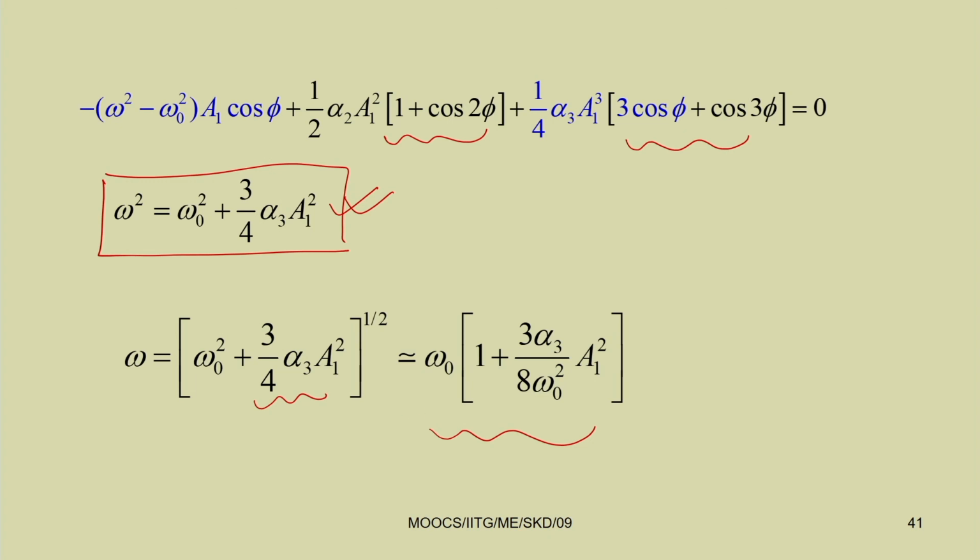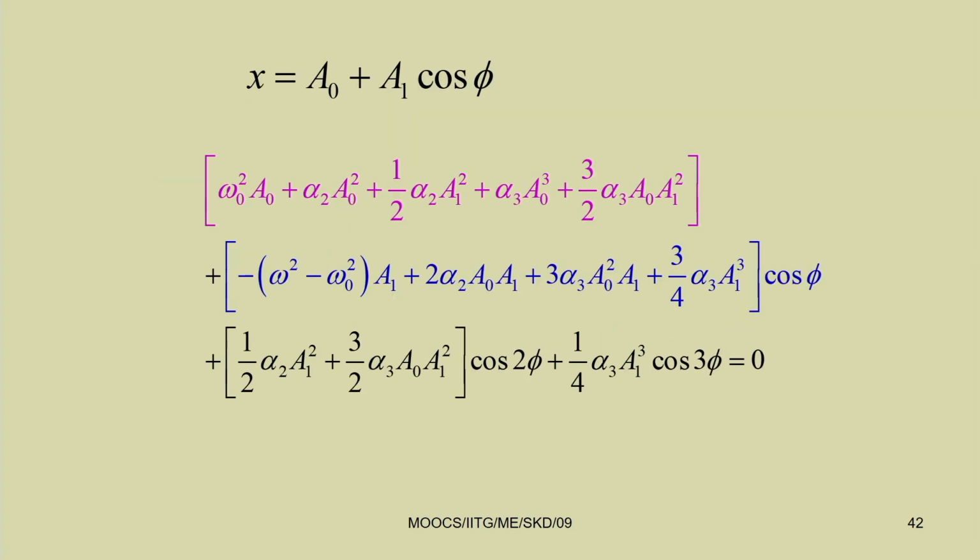So, omega becomes omega 0 into 1 plus 3 by 8 alpha 3 by omega 0 square a 1 square. So, you have seen, by taking a single term, we got the expression for omega, but this is not matching with the expression what we got by using the Lindstedt-Poincare method.